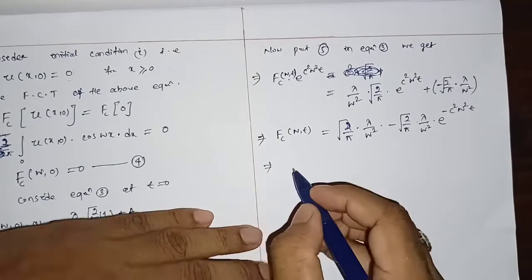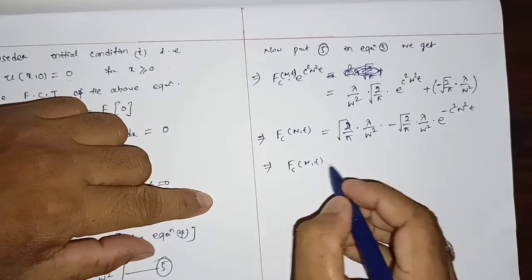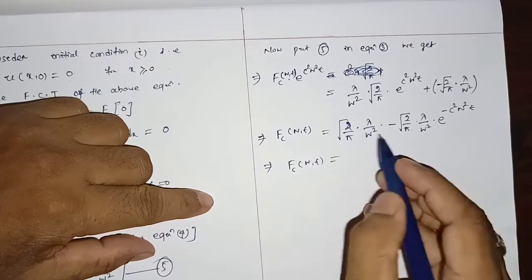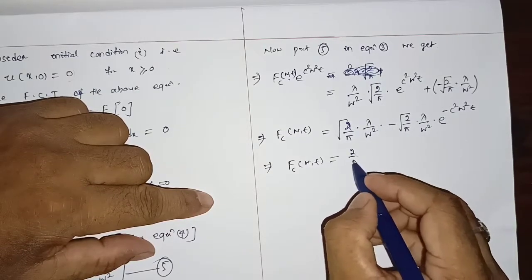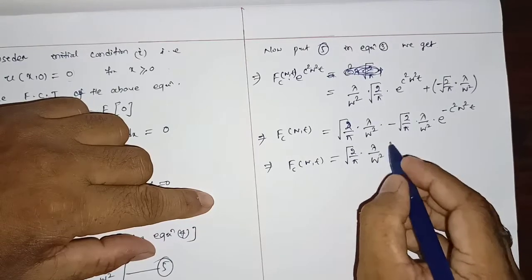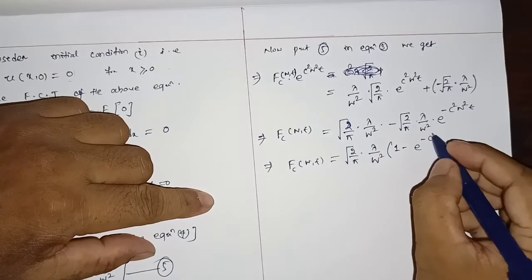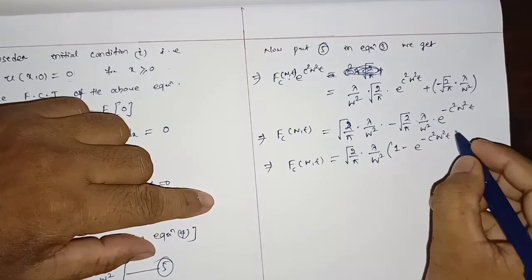So that implies this will be written as fc omega t equals root over 2 by pi into lambda by omega square, whole, with this term taken common outside, into 1 minus e to the power minus c square omega square t.